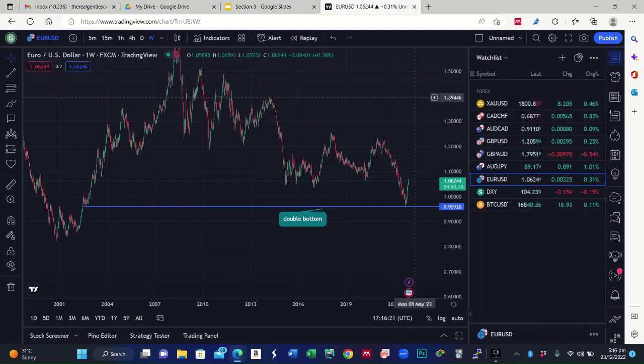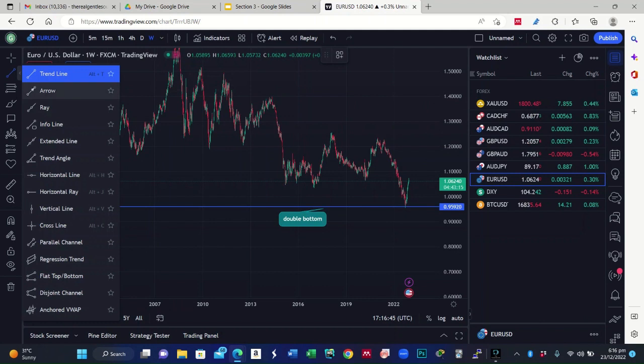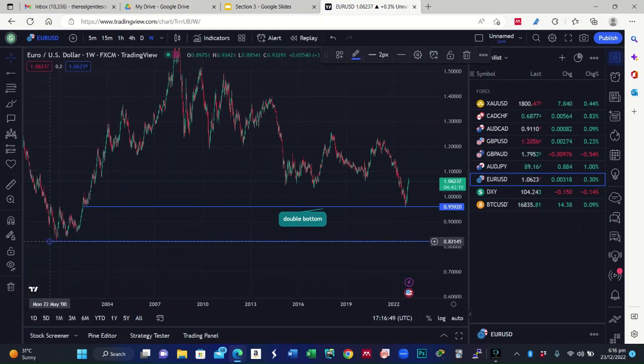When I'm teaching you technical analysis, I'm going to be teaching you how to use this particular area, what you can look forward to, to catch the impulse upward. So this is an example of a double bottom. For example, there's another bottom here.